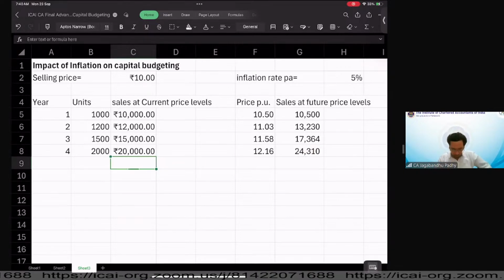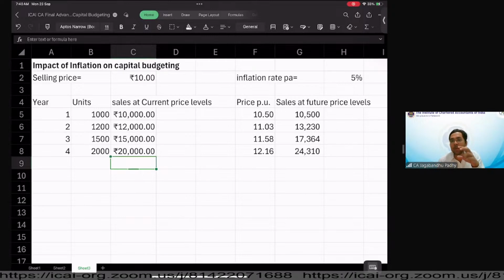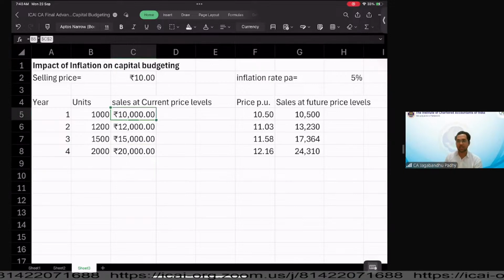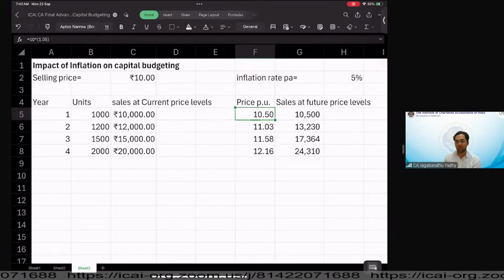Which one do you feel is the real cash flow and which one do you feel is the nominal cash flow? When we are standing today in year 0, which of these two cash flows do you see as a real cash flow, and which as a nominal cash flow? Tell me which one is a real cash flow, which is a nominal cash flow. The first case, is it nominal or real? Or the second case, is it nominal or real?